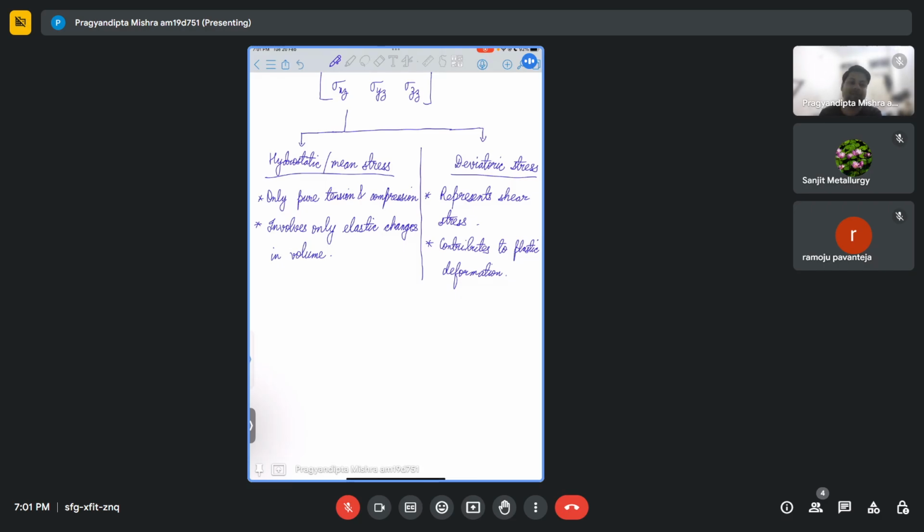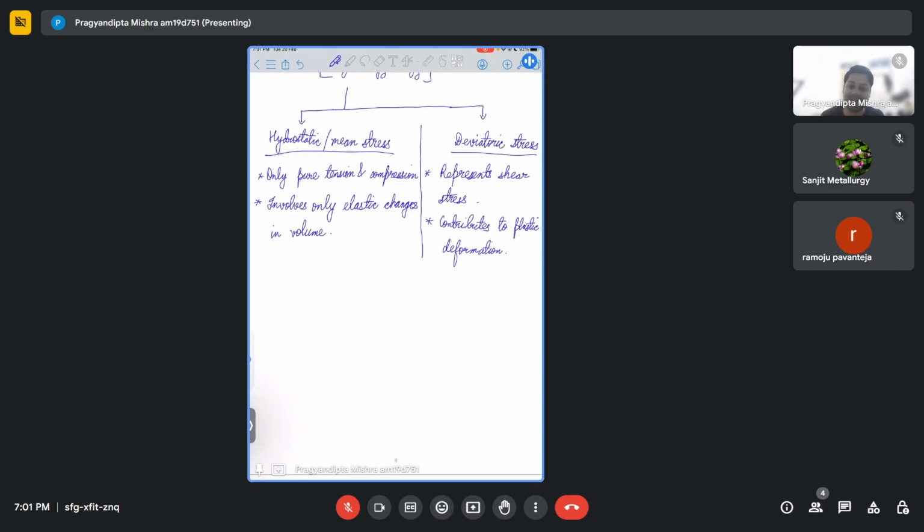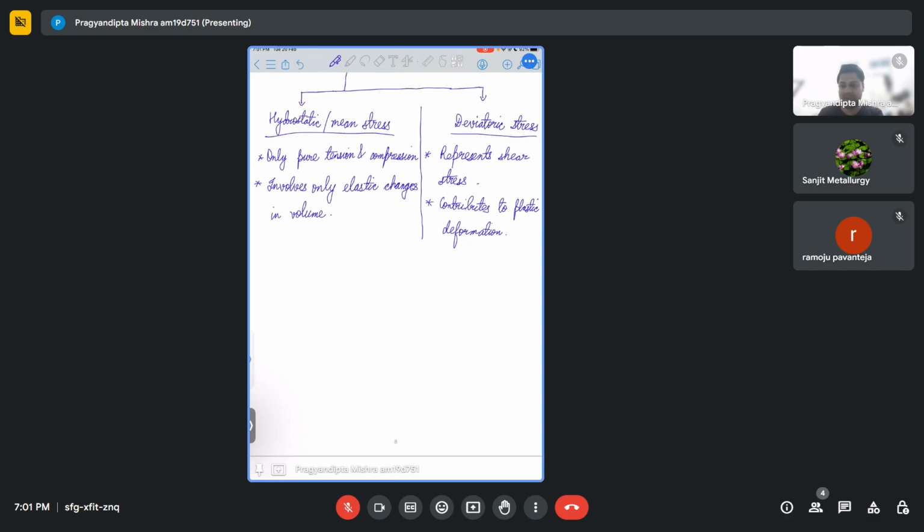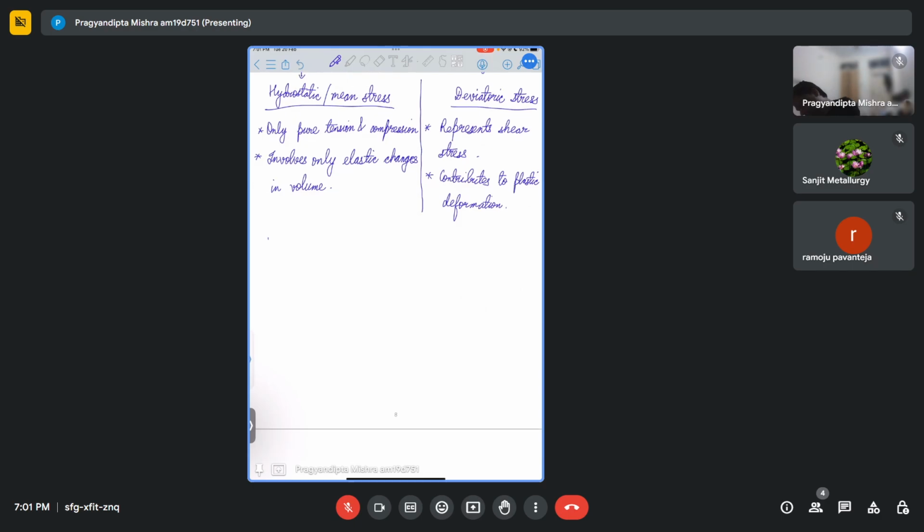So we want to ensure that this mean stress is completely taken out from this state of stress when we are talking about yielding. So what is this hydrostatic or mean stress? Sigma h or sigma m, however you want to write it. This is equal to sigma x plus sigma y plus sigma z divided by 3.